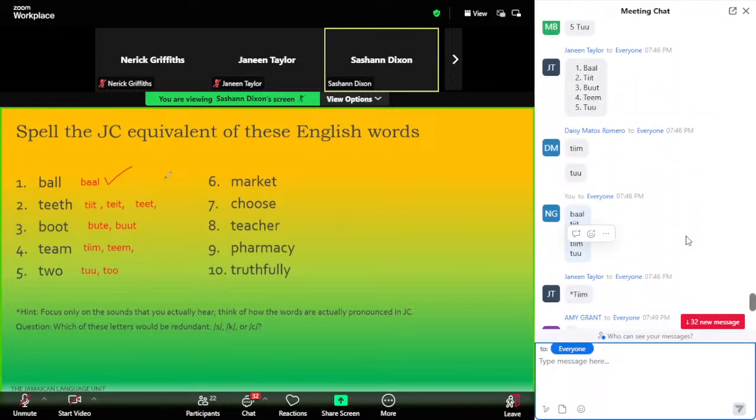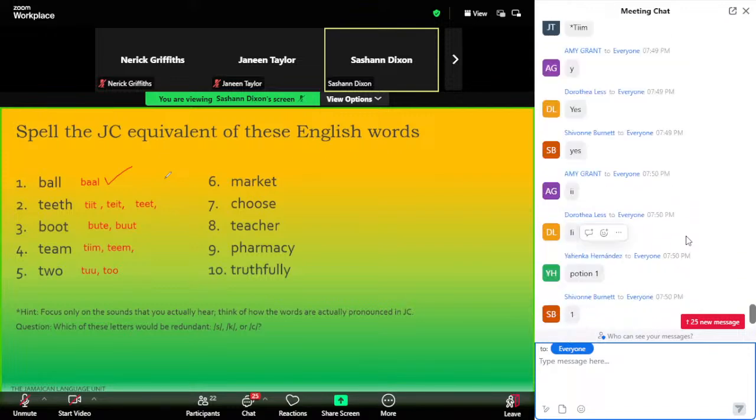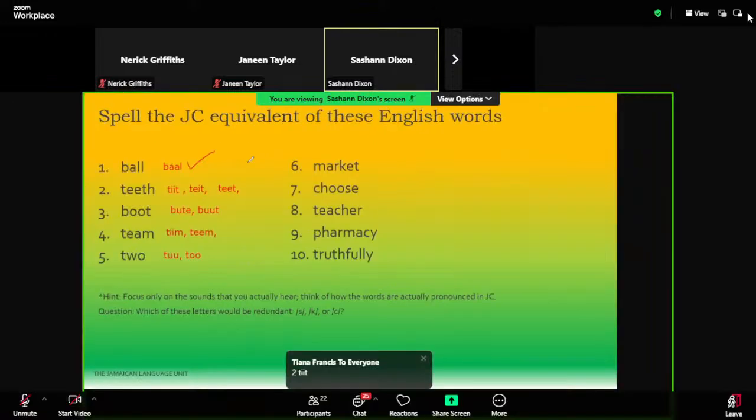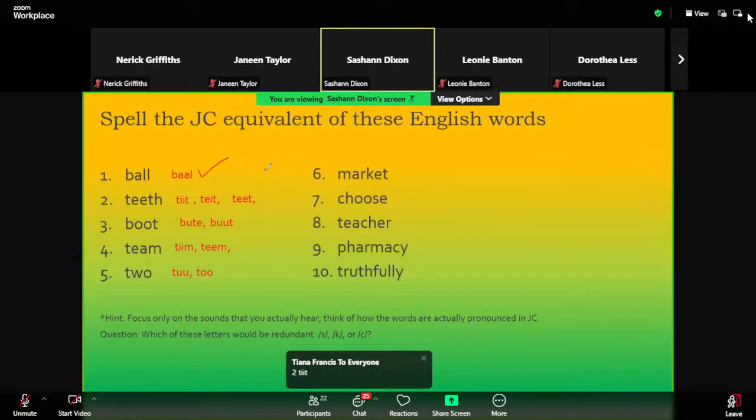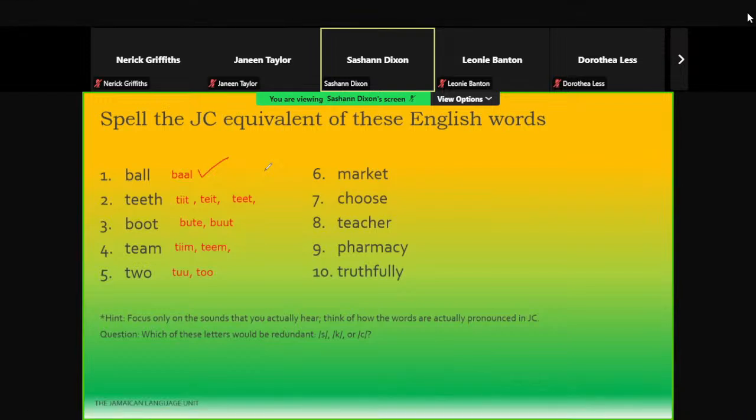So option 2, T-E-I-T. Siobhan says yes. Siobhan, is your mic working? How would you pronounce option 2? If you were to attempt that, what might it sound like? I'll probably say teeth.